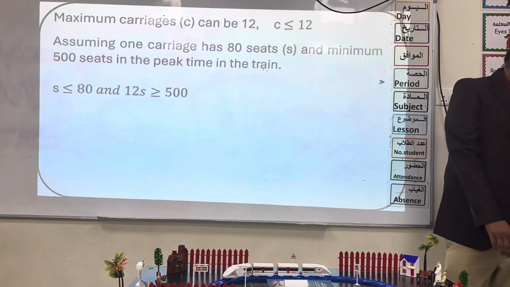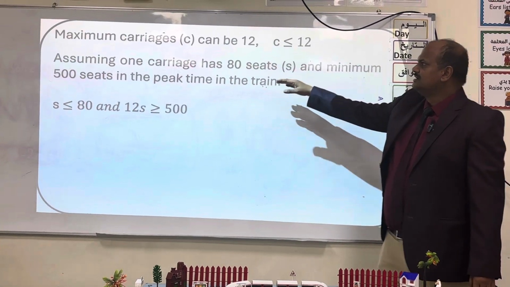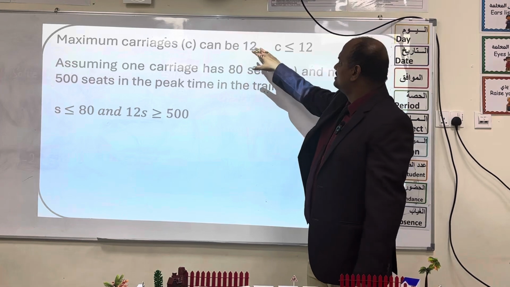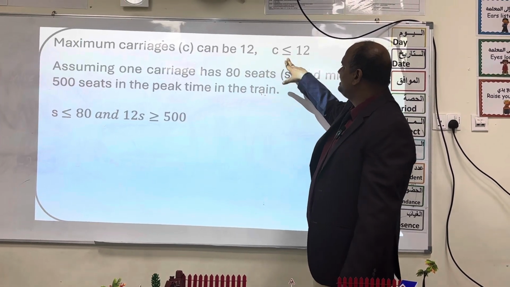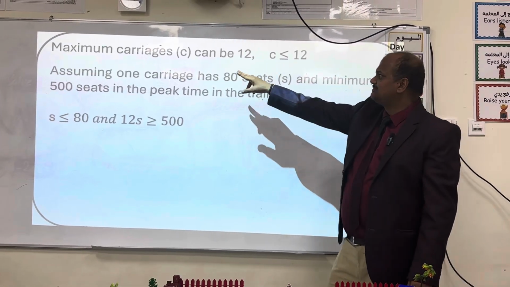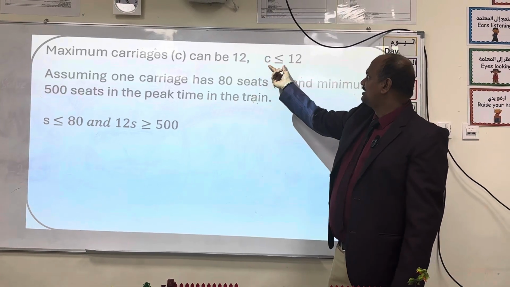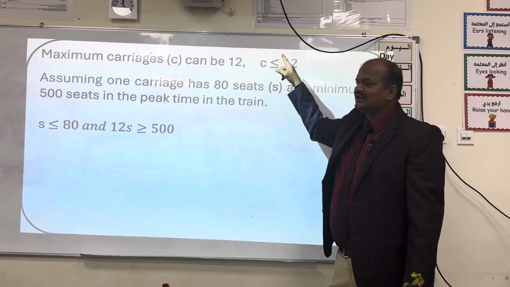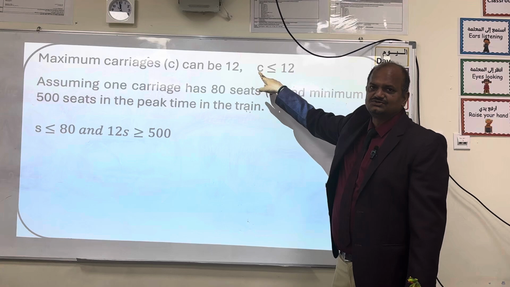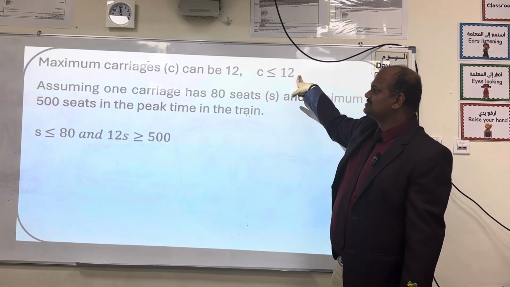Now, another inequality can be: they say the maximum carriages can be 12, C less than or equal to 12. For maximum or at most, what inequality do you use? We use the less than or equal to sign. So C must be less than or equal to 12.